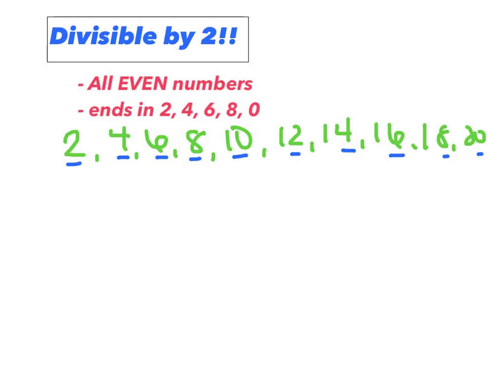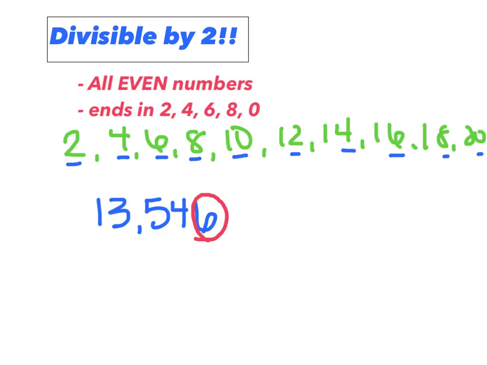So then you can look at really big numbers, maybe something like the number 13,546, and you don't really have to divide that by 2. All you have to do is look at the last number, and it's a 6, and you ask yourself, is 6 even? Yes, it is. So you can, in fact, divide this number evenly by 2.